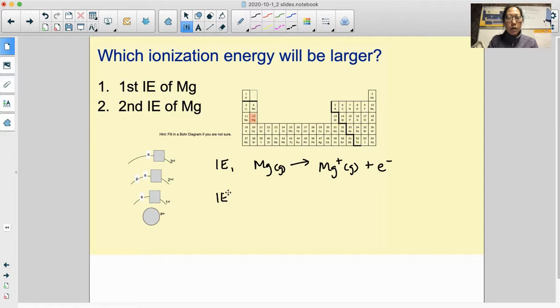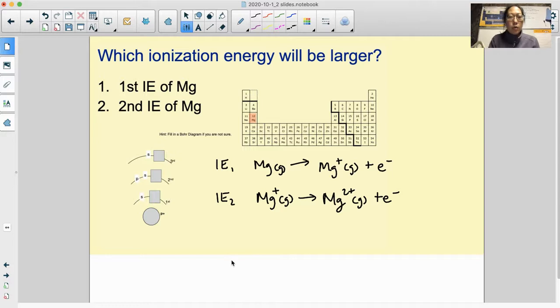Ionization energy 2 is Mg+ gaseous ion. Okay, remember, second ionization energy, we've got to start with the ion here. And then we go to Mg2+ gaseous ion plus an electron flying off.